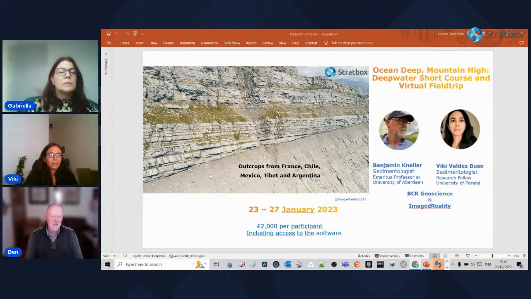Of course, there's no substitute for having your nose on the rocks, but we can bring something different to this, which is a breadth that it would be impossible to provide on the outcrop, but also some of the views that we can get of these outcrops with the drone-based models give you perspectives that it would just be impossible to get from the ground. So there are minuses to not being able to get out into the rocks, but there are a good many pluses in being able to do a virtual field trip like this.